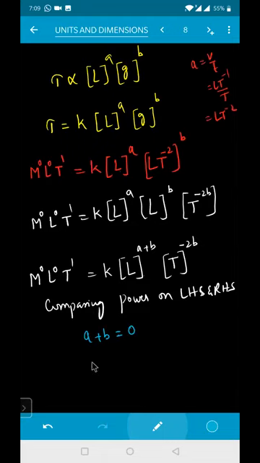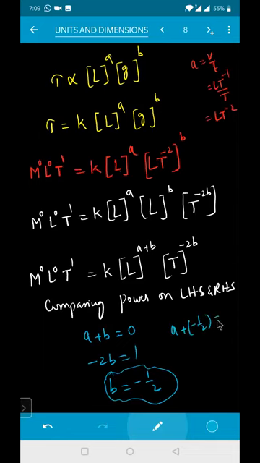Then for the dimension of T, minus 2B will be equal to 1. That means B will be equal to minus 1 by 2. If I know minus 1 by 2, I can get the value of A. Substituting, A plus minus 1 by 2 is equal to 0, that means A will be equal to 1 by 2. So I got the value of A and B.